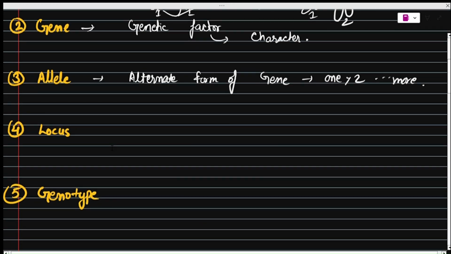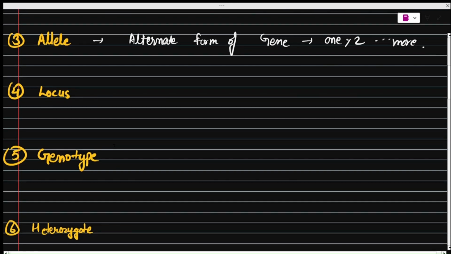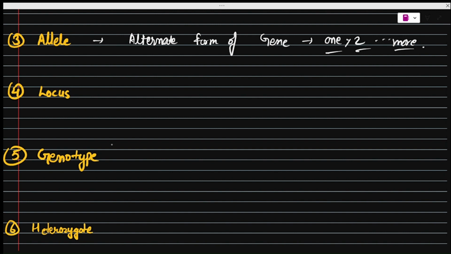If you learn genetics, then these examples will come to you simultaneously when you study. The other thing which I'm going to talk about is locus. See, this is a chromosome, and let us say this particular white region in the chromosome, I will say this is a locus. So basically a locus is a specific place which is occupied by an allele.